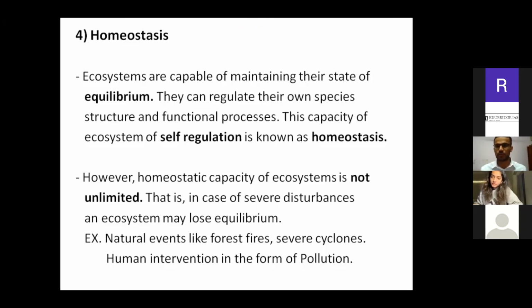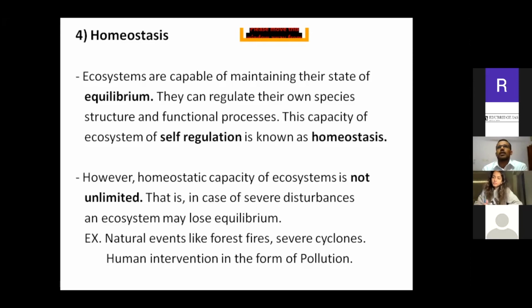So there is a question. Can you please give an example of autogenic succession? An autogenic succession example can be invasive species. Invasive species can be the example of autogenic succession.